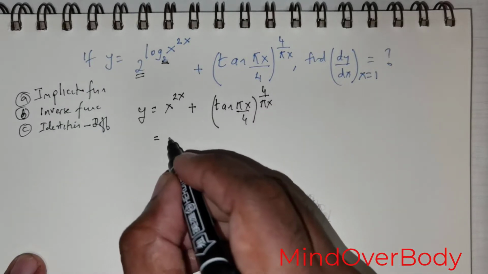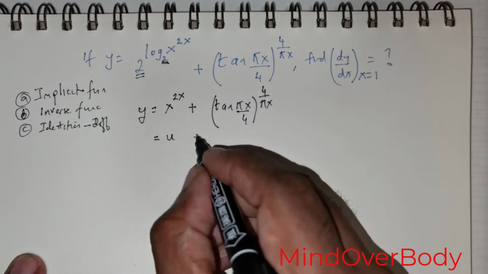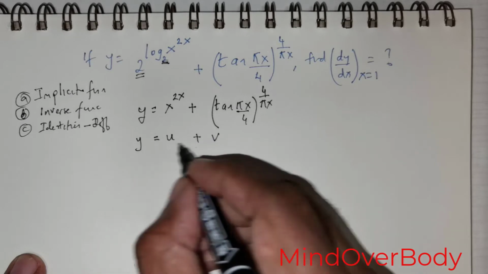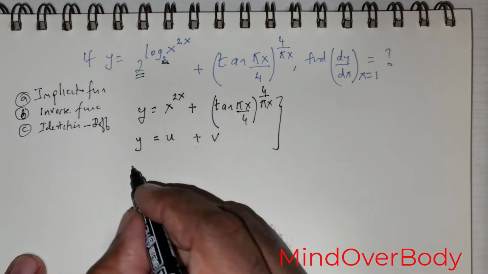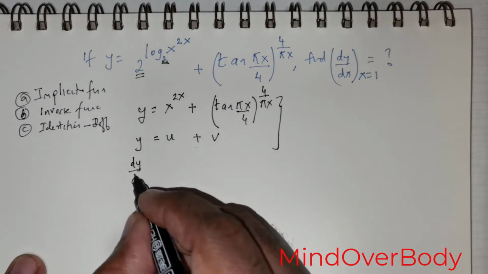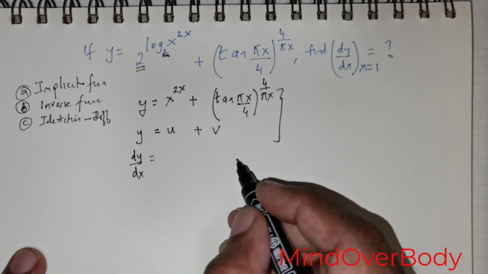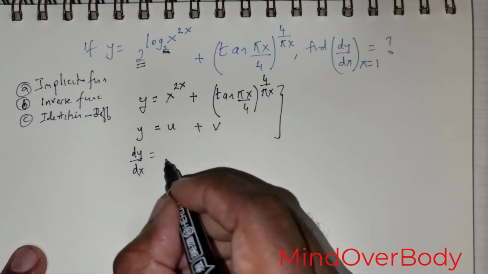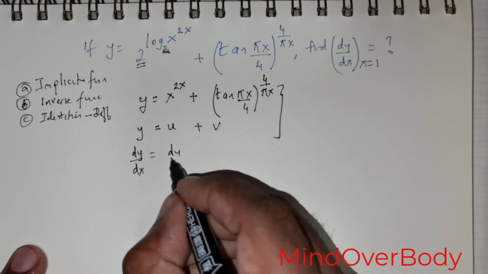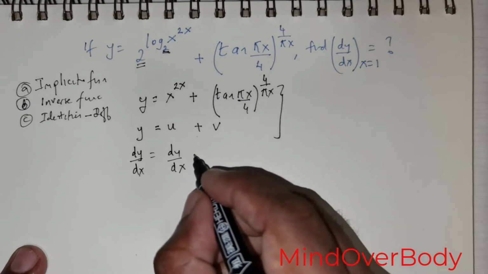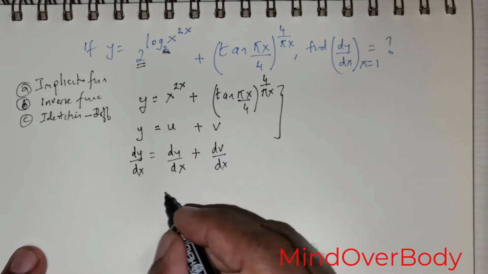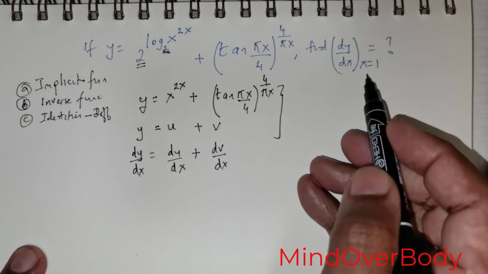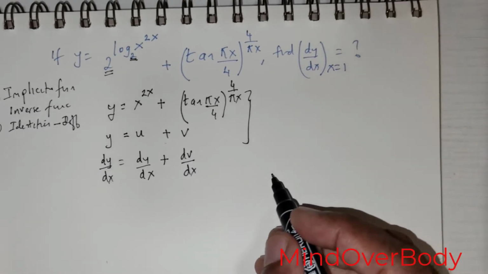Now I need to take this quantity as u and this quantity as v, and then I would have to perform the differentiation. Now we are expected to find dy over dx, so this is going to be dy over dx is equal to differentiating u with reference to x, and then followed by differentiating v with reference to x, and finally we will take the point at x is equal to 1.